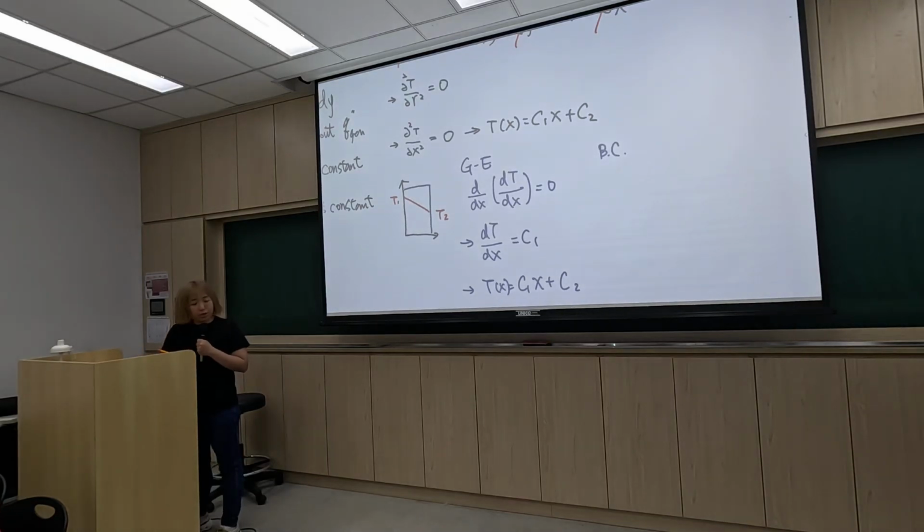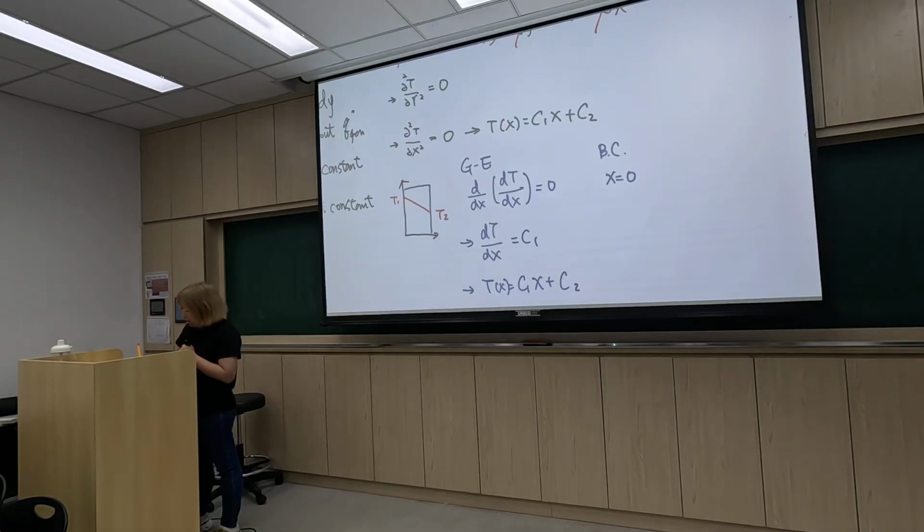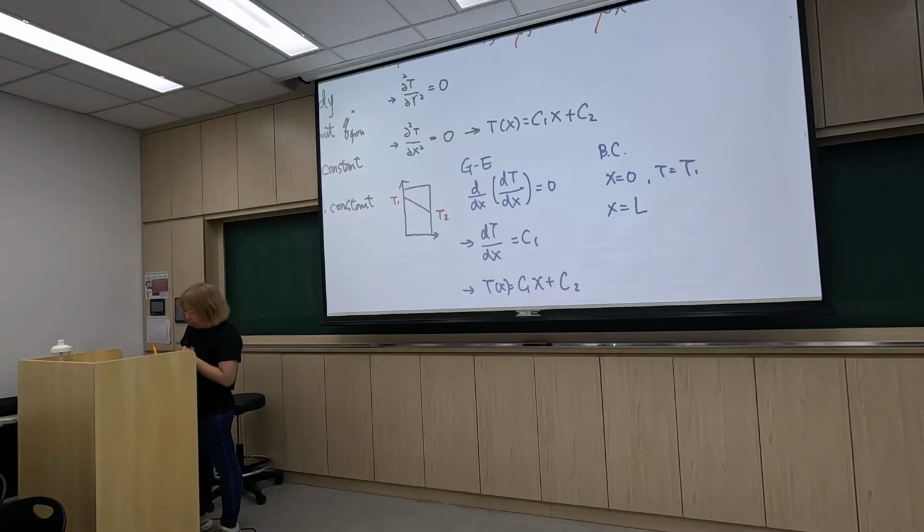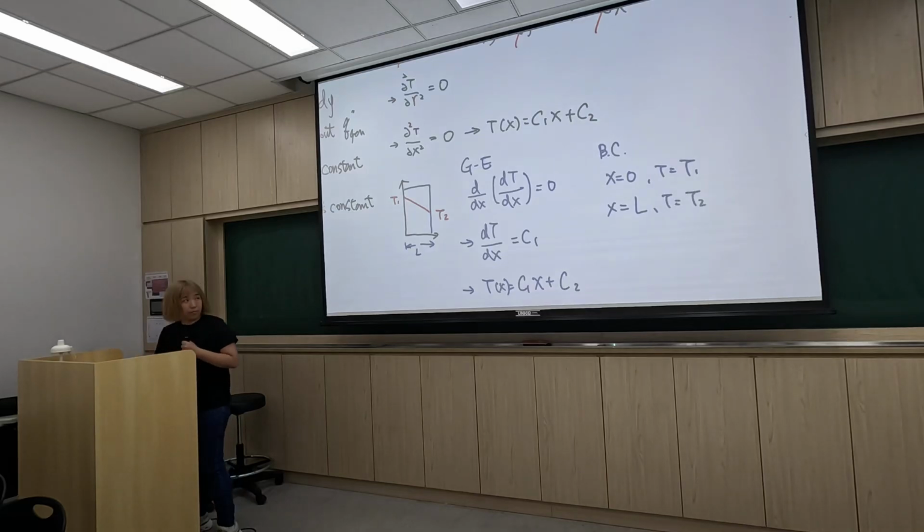Then we apply the boundary condition. What's the boundary condition? When x equals 0, the temperature equals T1. When x equals L, the thickness of the material, then T equals T2. That's the boundary condition.